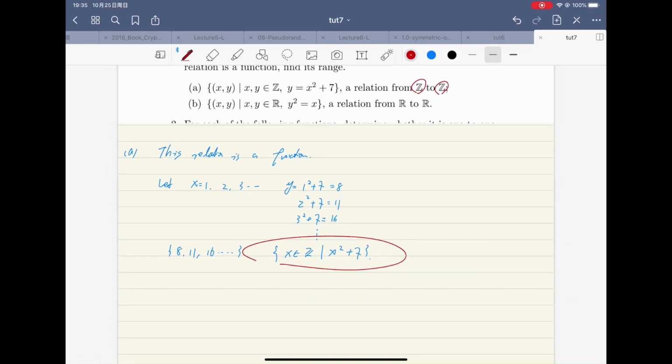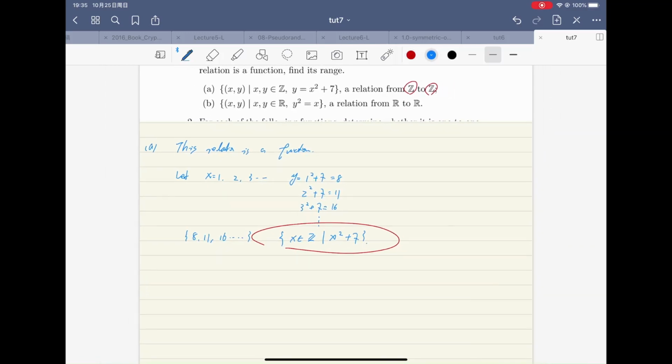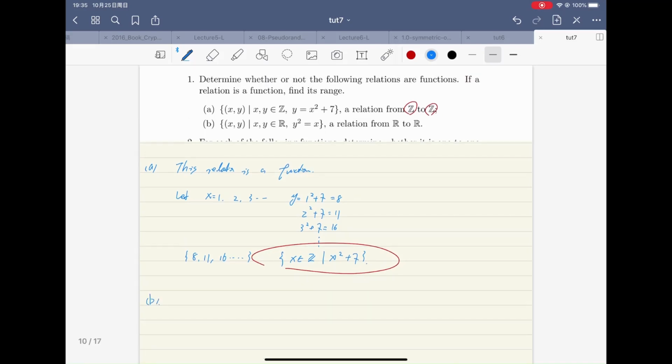And the second one, question B, we have an ordered pair (x, y), where both x and y belong to the real numbers. We have y squared equals x, and this relation is from real numbers to real numbers.